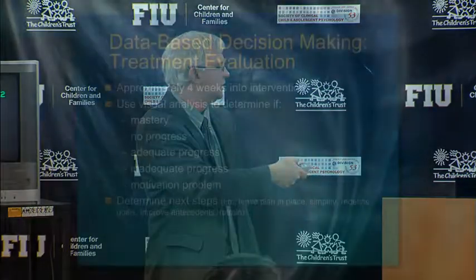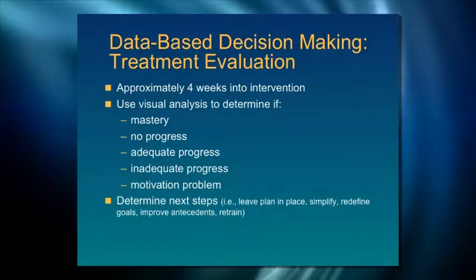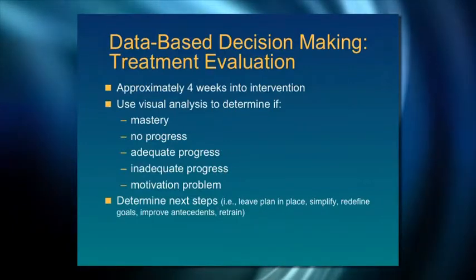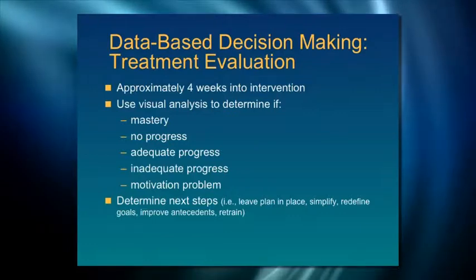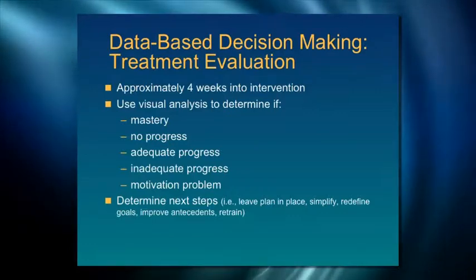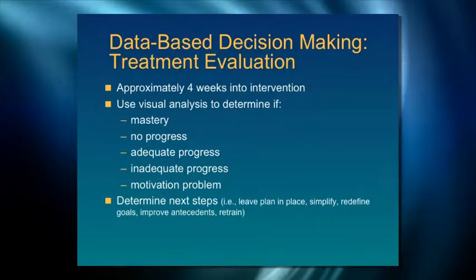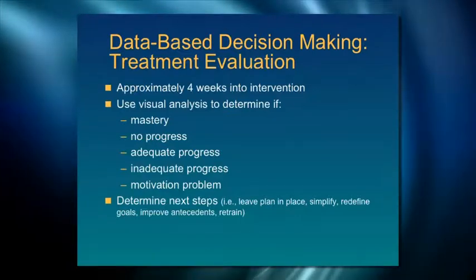so we get more adequate progress. And then the other possibility is that we could have a motivation problem on the part of the student, a motivation problem on the part of the teacher or the parent, and we need to be thinking about how do we build better motivation in, if we can. And then we're determining the next steps. I already mentioned this: leaving the plan in place, simplifying the plan, redefining the goals, improving the focus on triggers, or some retraining.